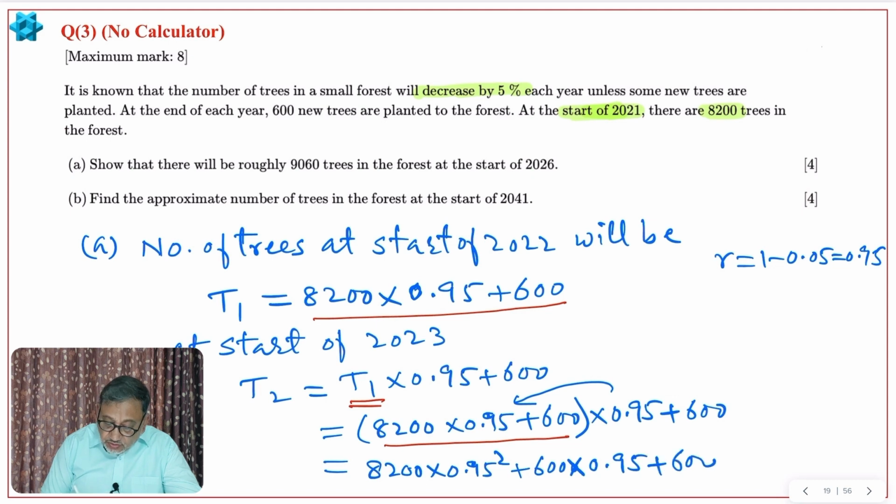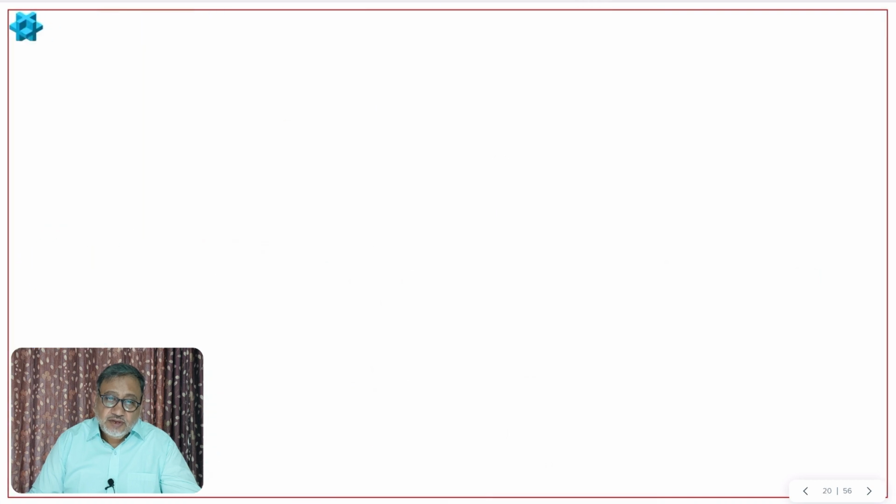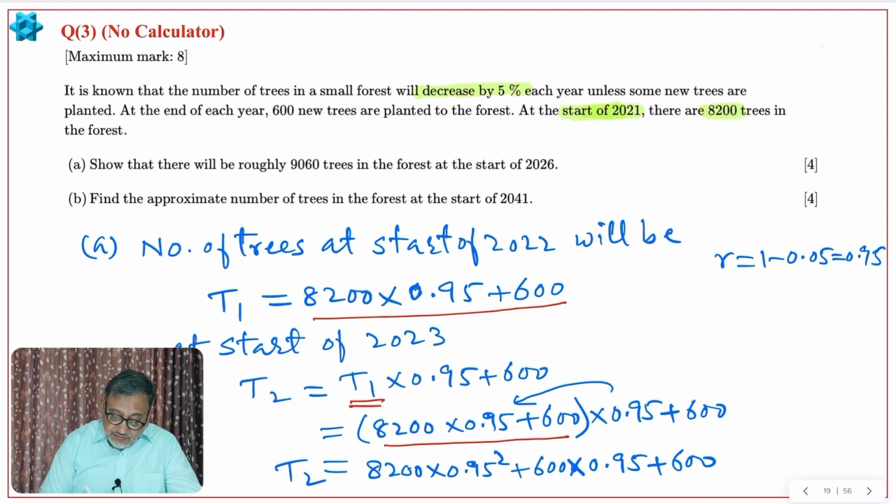This will be T2. Now like this you keep increasing, second term, third term. So therefore T5. Why T5? See, in 2022 T1, 2023 T2, 2024 T3, 2025 T4 and 2026 T5. T5 we have to find.